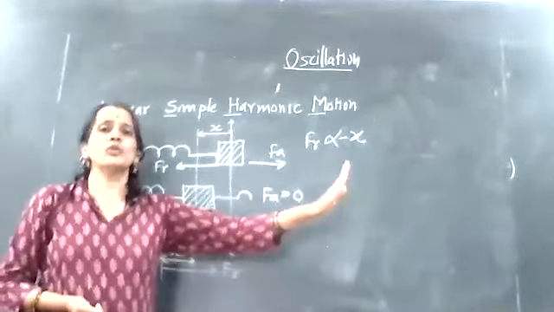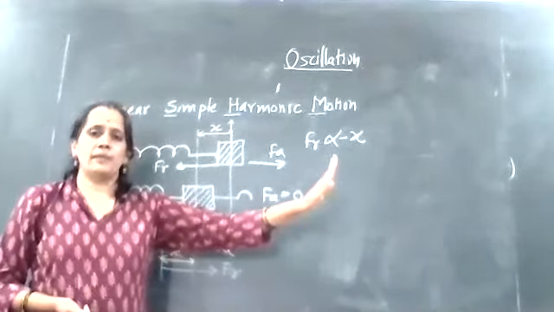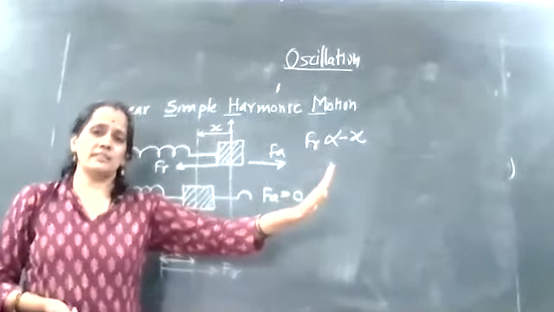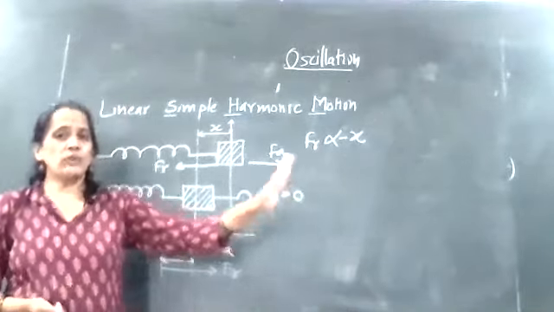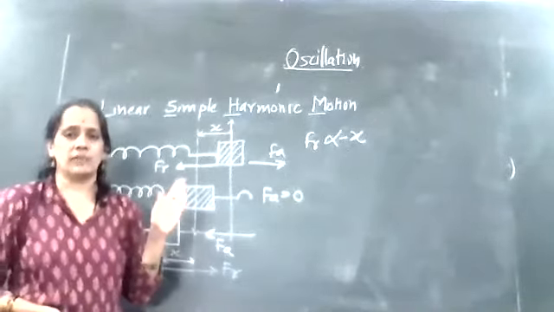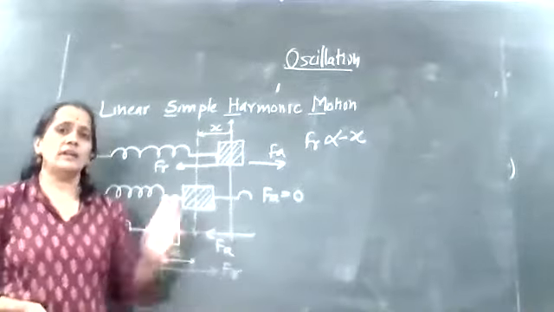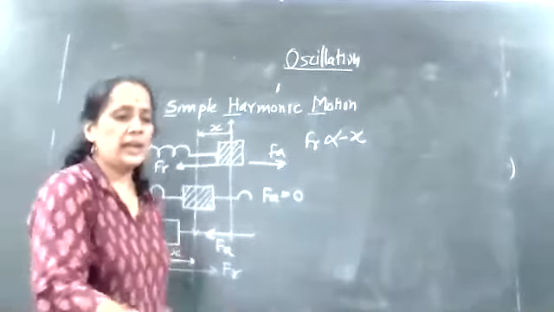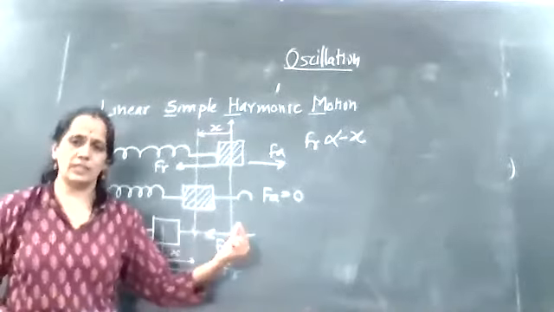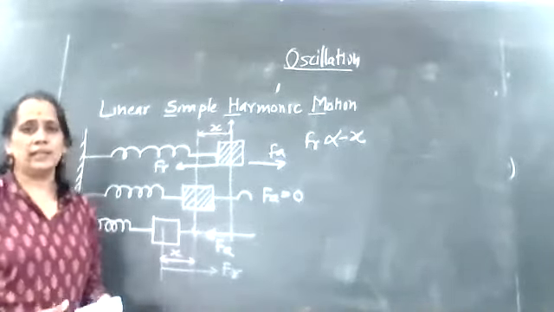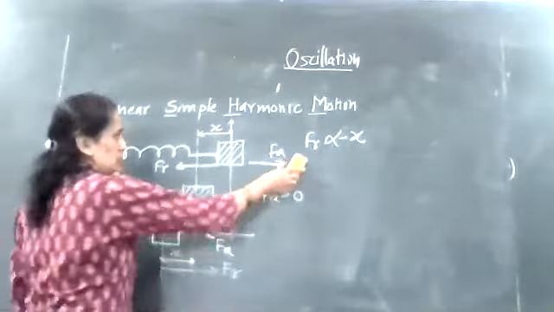That's why it goes to the compressed state. When it reaches the compressed state, its velocity becomes zero again, so it comes back. In that manner, the position of the spring changes continuously along a straight line. That is the linear SHM.